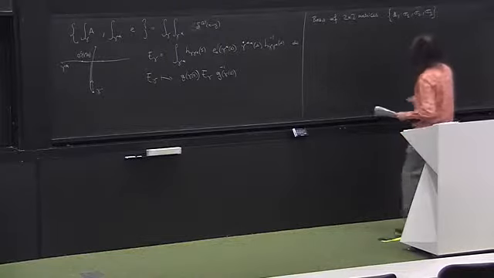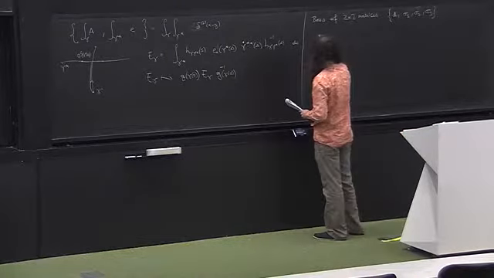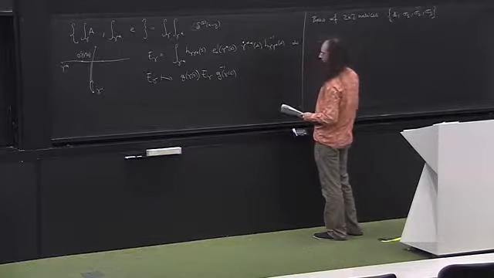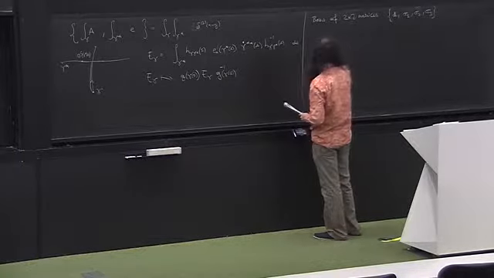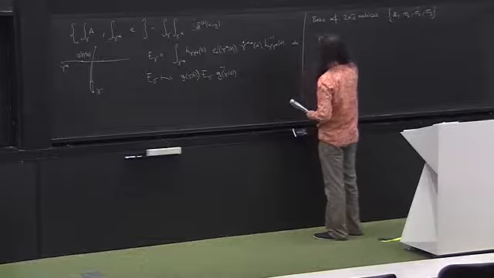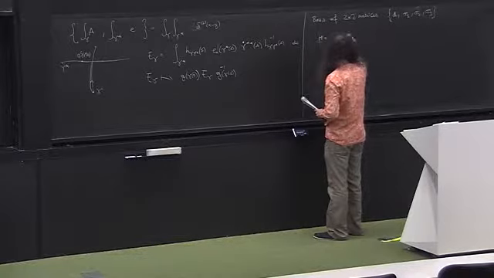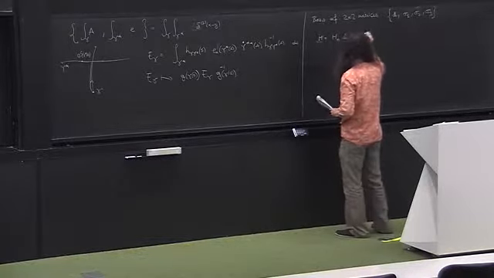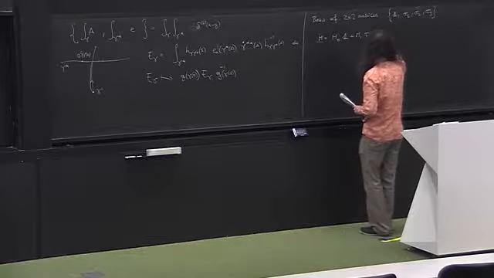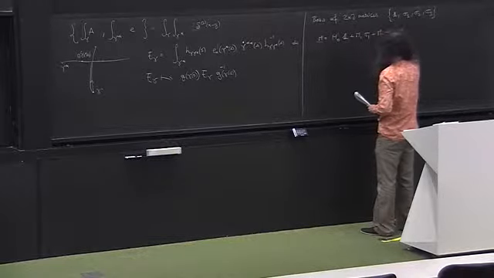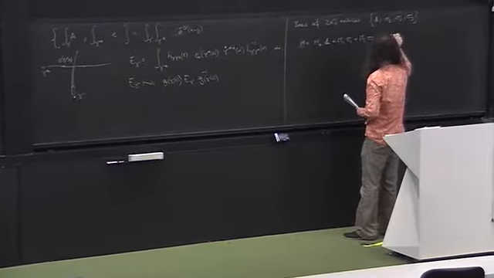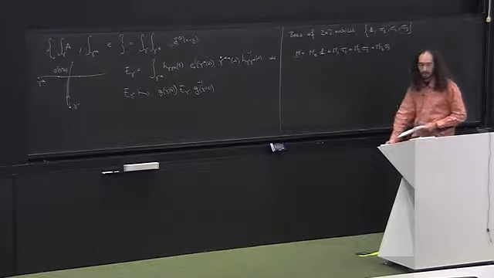And so, for example, if A is a 2x2 matrix, or let's say, to avoid confusion, M. I can expand it like M0 on the identity plus M1 sigma 1, plus M2 sigma 2, plus M3 sigma 3, like that.